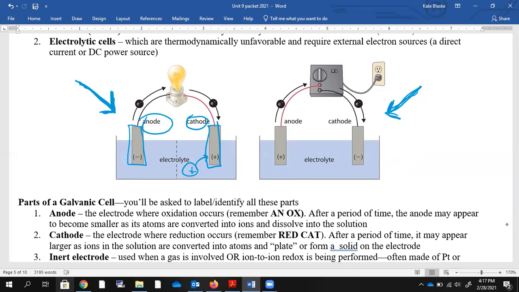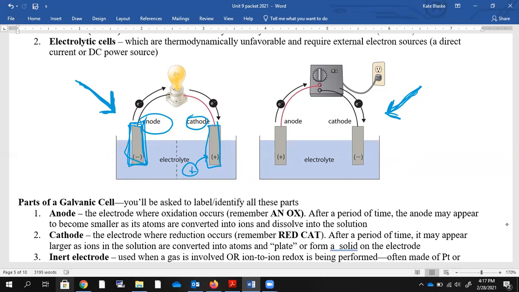Sometimes one of these electrodes might be what we call an inert electrode. Maybe we're trying to oxidize or reduce a gas instead of a solid-liquid combination, or maybe we're just trying to change ions from one ion to another ion. We can have a galvanic cell that changes Fe+2 to Fe+3.